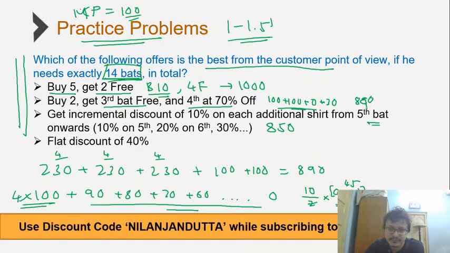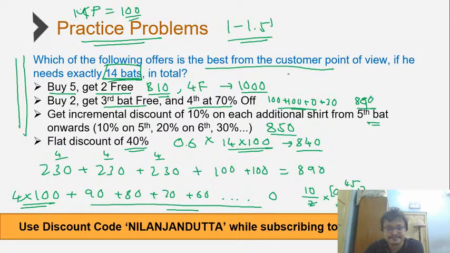850. In the last case, you're getting a discount of 40%, which means you're basically paying 60% of the total mark price, that is 60% of 1400, which comes out to be 840. So what has happened is, the first case is rupees 1000, the second case rupees 890, the third case 850, and in the final case you're spending only rupees 840.